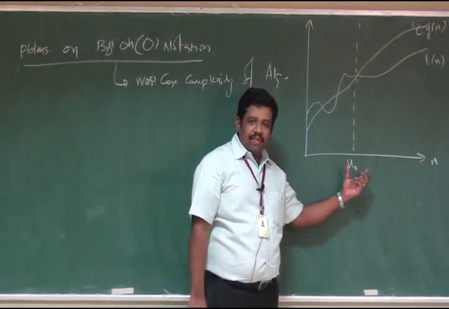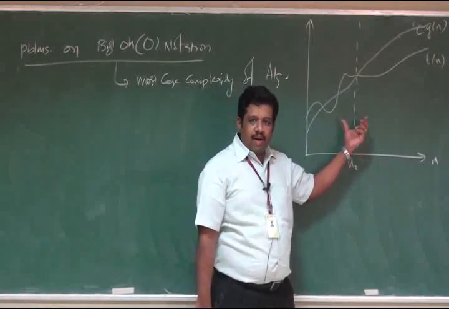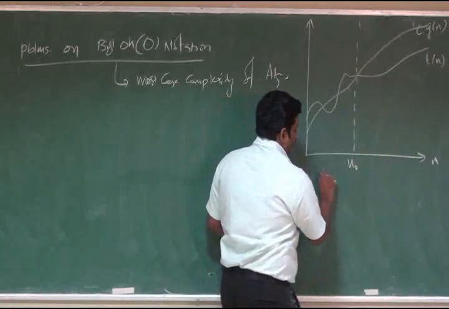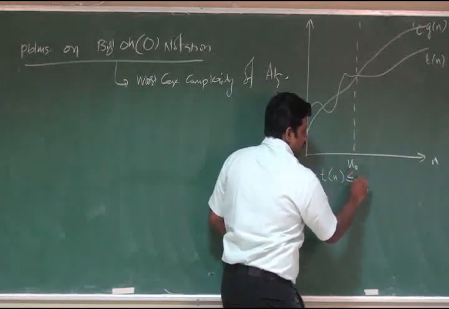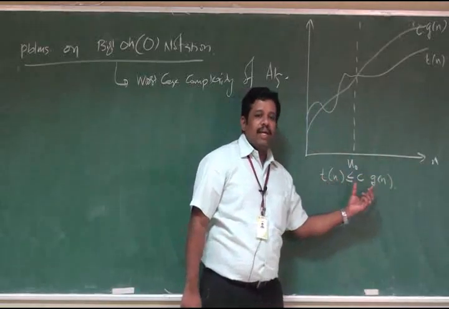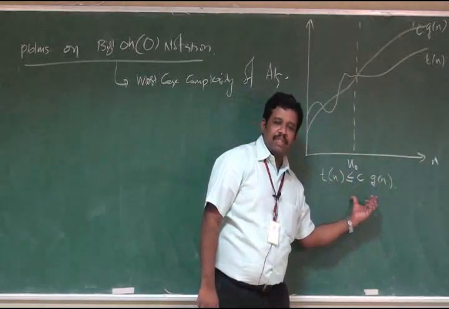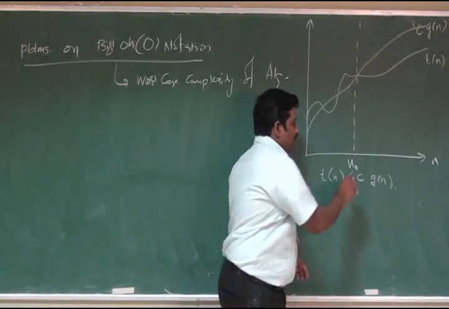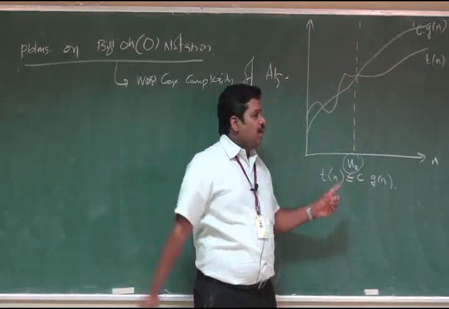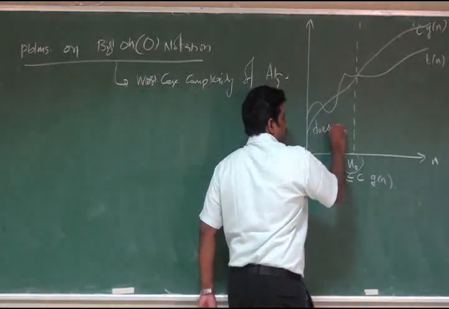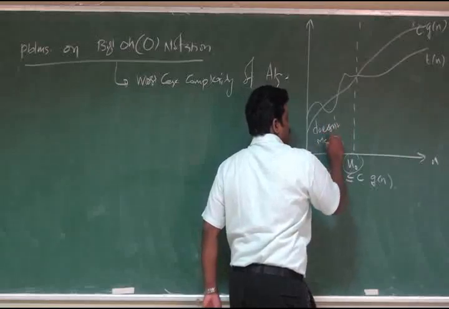Only after the non-negative integers, this algorithm leads you to have the worst complexity. It falls within the formulation T of n is less than or equivalent to C into G of n. It goes for the upper bound of resources. This expression leads you to have worst case complexity, or is true, only after this non-negative integer. So before this point, there is no need to have a consideration. Doesn't matter.